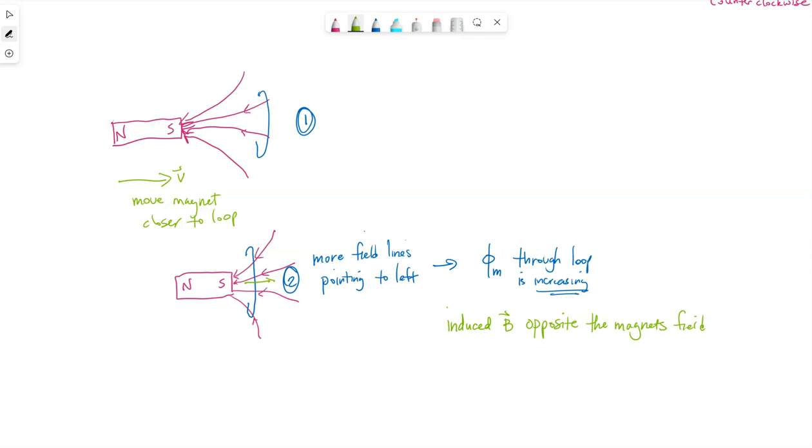So to be opposite the magnet's magnetic field, in this case, that would have to point to the right in the loop. So B induced points to the right this time.